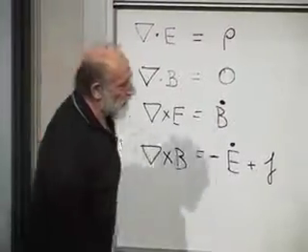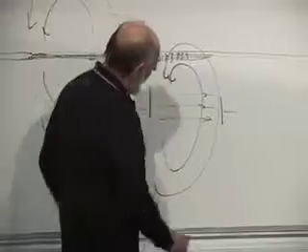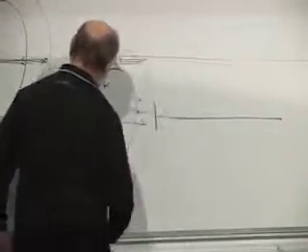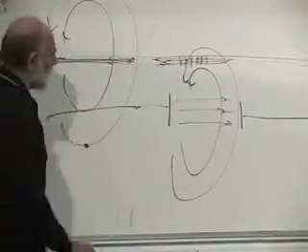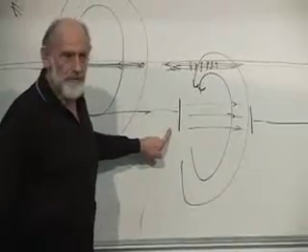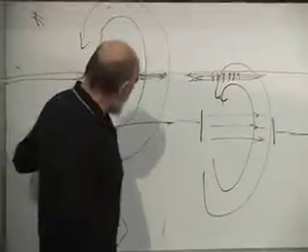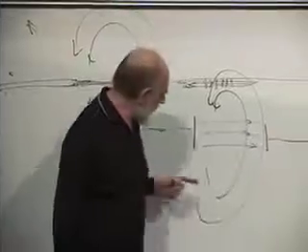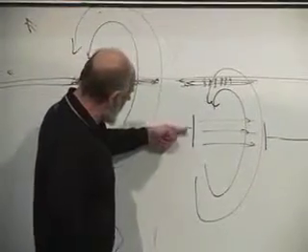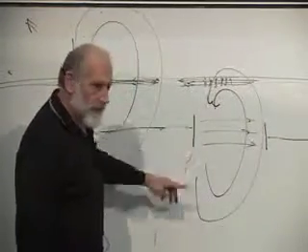And that's on the right-hand side. Now what that says is, how do you get charge onto these capacitor plates? Well, there's only one way, and that's to send a current into them. So you have to send an electric current in here. That will charge up the capacitor plates.